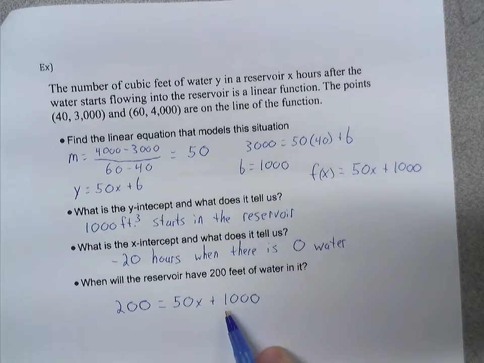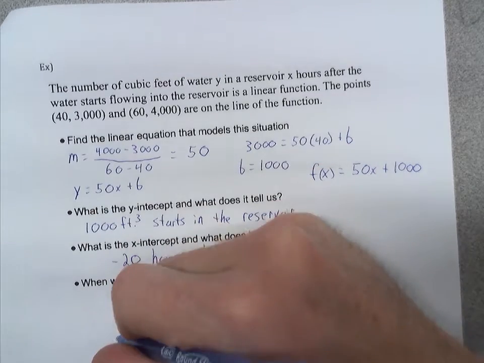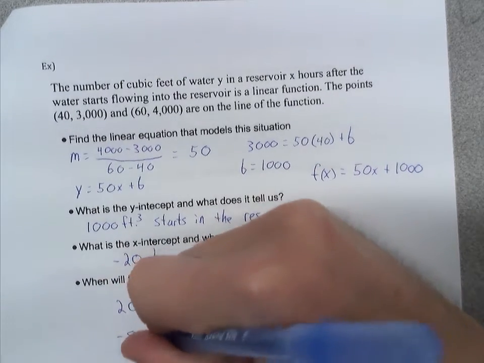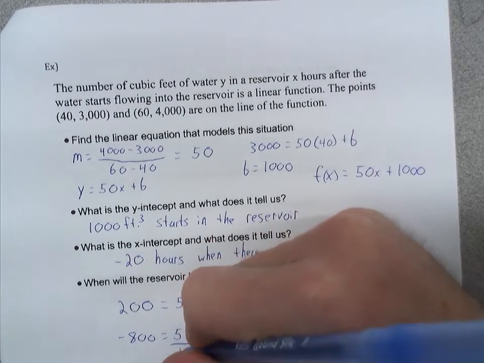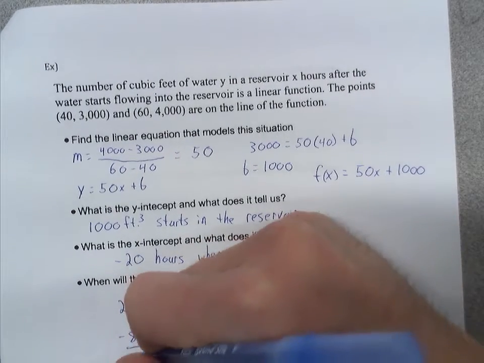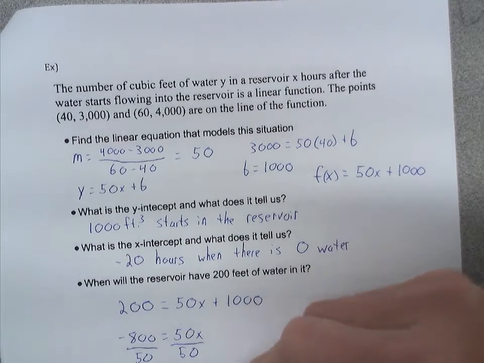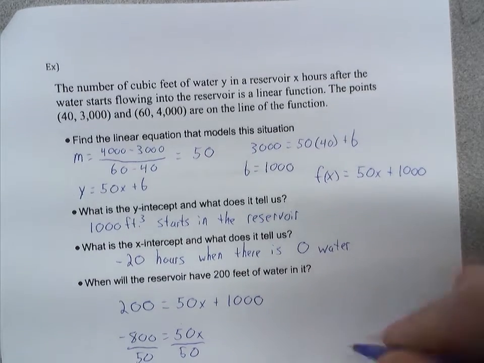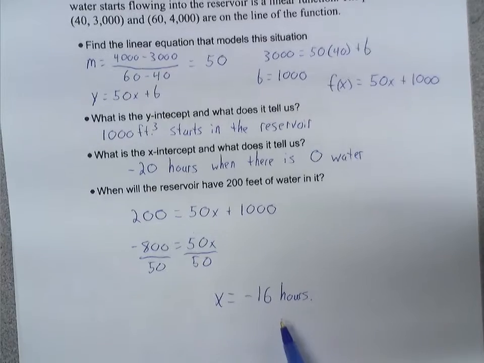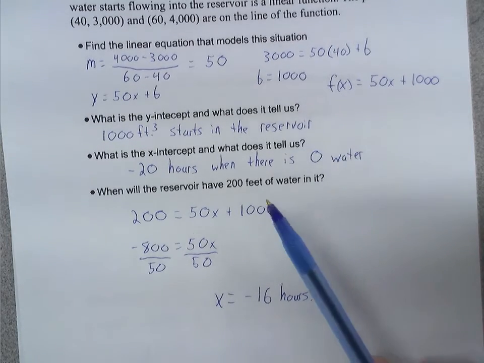Again, I can subtract 1,000 from each side. That gives me negative 800 is equal to 50x. Divide both sides by 50, and we get that x would equal negative 16 hours. And that's how we can use a linear equation to work through some simple word problems.